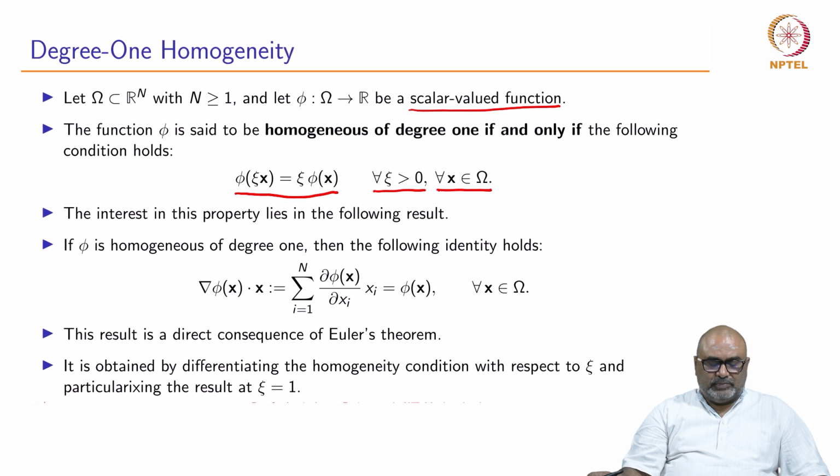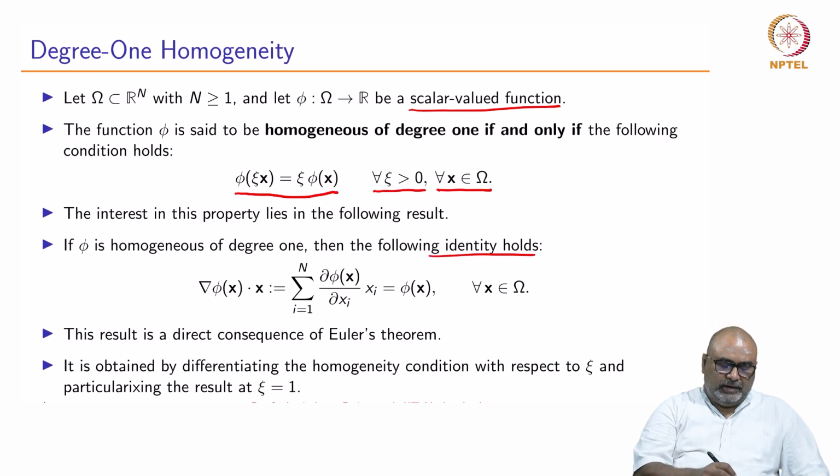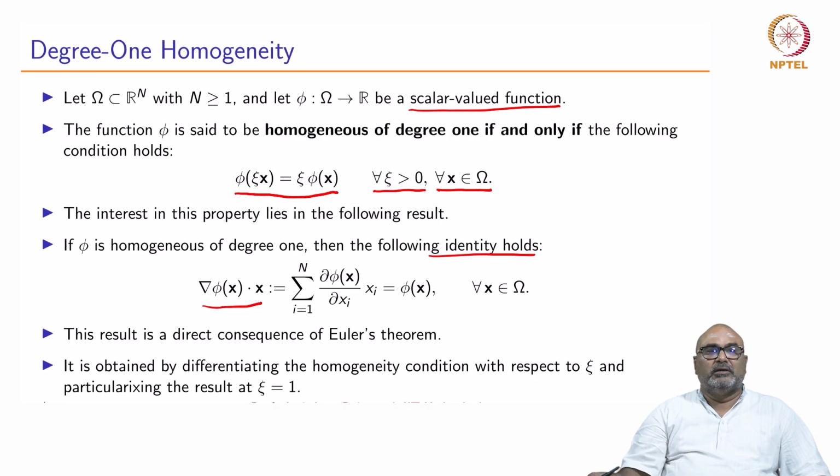The interest in this property lies in the following result. If phi is homogeneous of degree 1, then a subsequent identity that follows is that the gradient of phi of x dotted with x, defined as the summation over i of dou phi of x by dou xi times xi, is the same as phi of x, for all values of x belonging to omega.